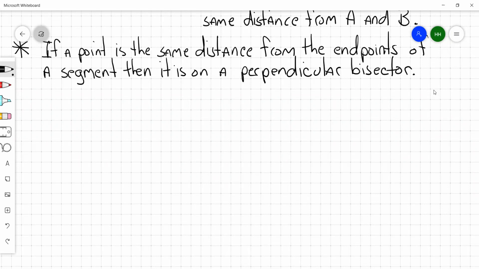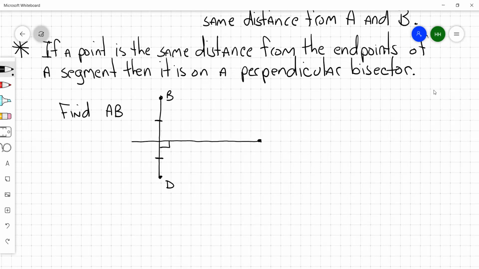So let's say you have to find AB, and you're given this picture. This angle is 90. These two distances are the same.